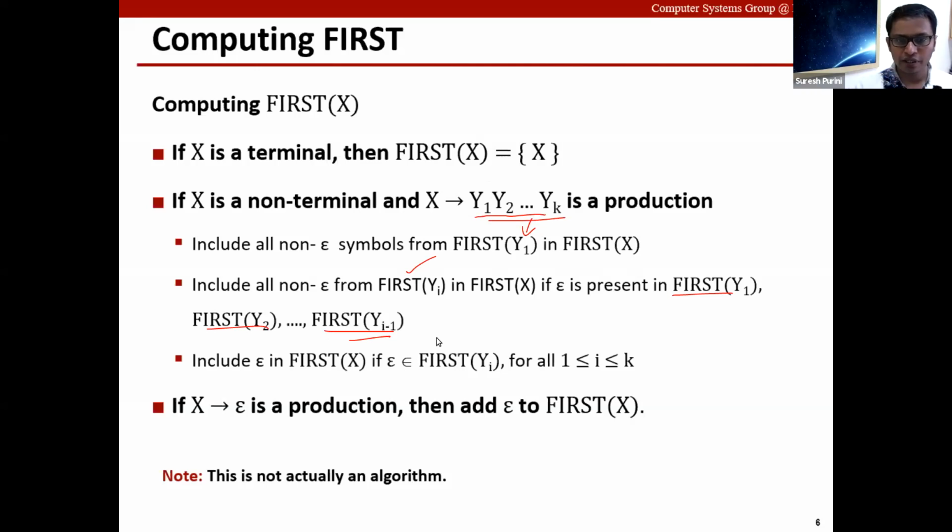And if epsilon is present in the first sets of all yi, where i goes from 1 to k, then we include epsilon in first of X. And if there is a substitution rule like X goes to epsilon, then we add epsilon to first of X. So these are the basic rules that we follow during the computation of first functions.